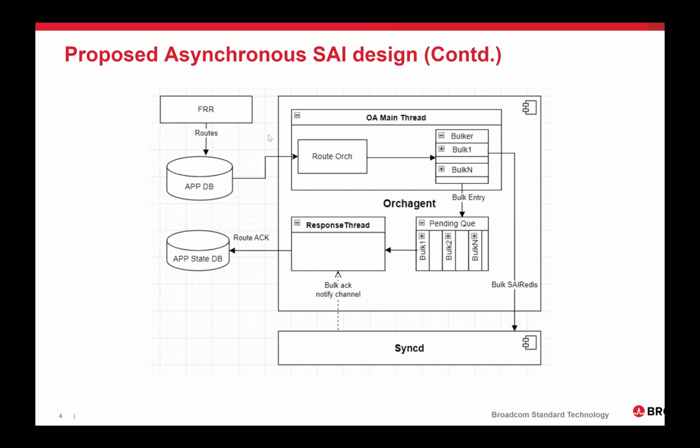So Hasan, with respect to when we program the route, we depend on the next hop or next hop groups, right? How are we dealing with those dependencies? From the orch agent, we create the next hop and we construct the message for the route and associate the route with the next hop or next hop group, and then push it to the SYNCD.